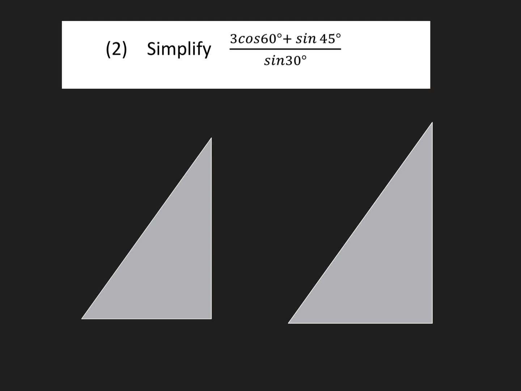Let one of them be 30 degrees and 60 degrees, and let the other triangle be 45 degrees. That's the right angle triangle. For the 30-60 degrees triangle, what you have to remember, this is root 3, this is 1, this is 2. For the 45 degrees triangle, this is 1, this is 1, and here is root 2.